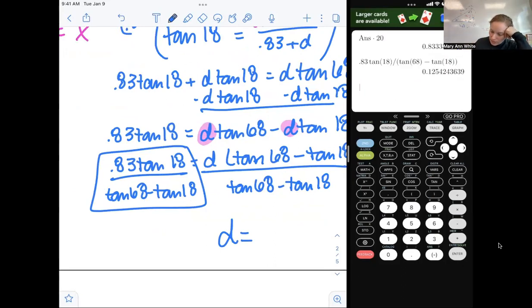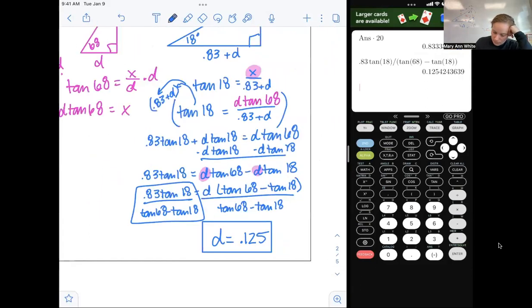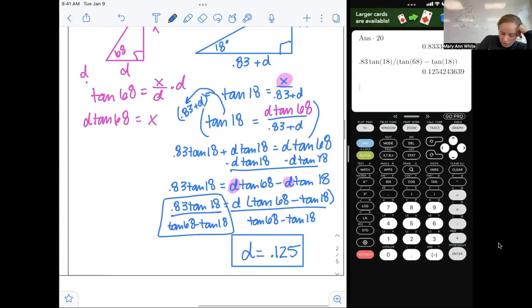And I get 0.125. At this point, I plug 0.125 in for my D, and I'm going to do that times tan 68 to figure out what X is. And I get 0.31 miles equals X.